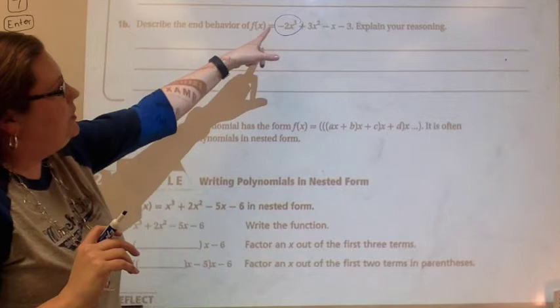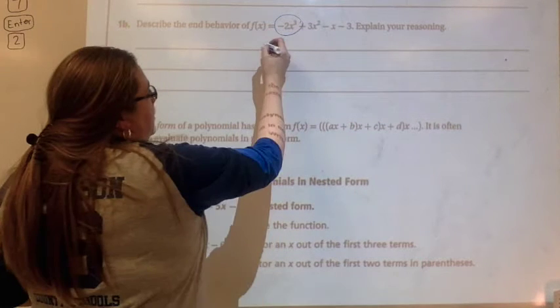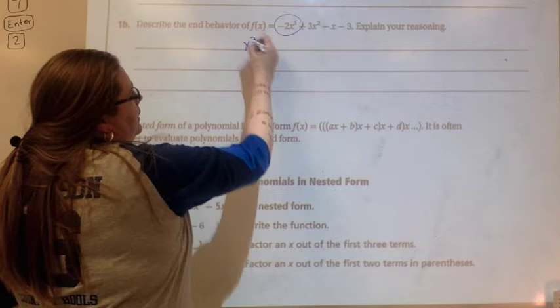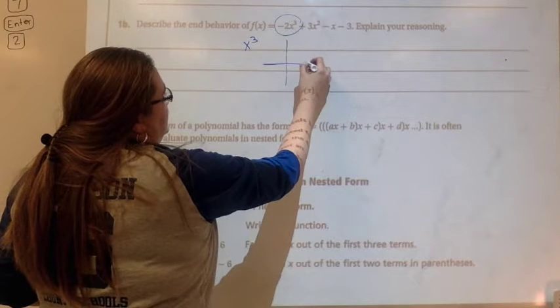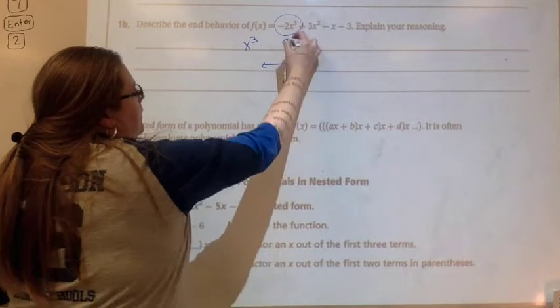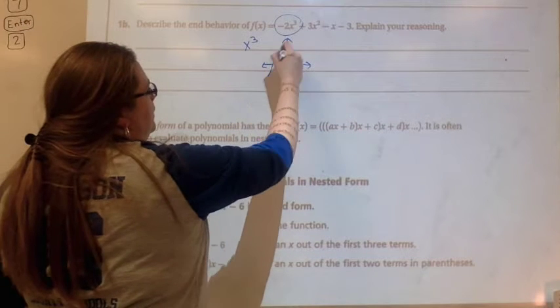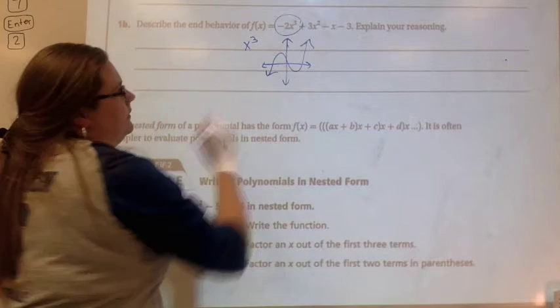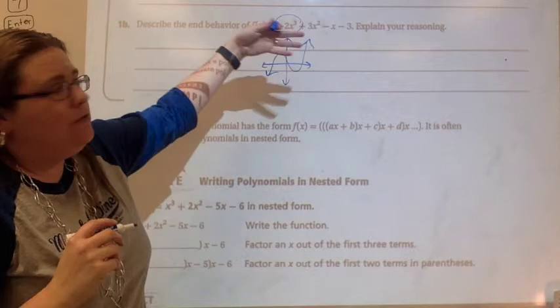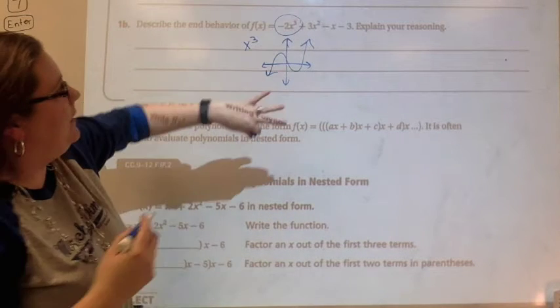Now it's x cubed, so the x cubed tells us that it is going to look like the graph just above you. If you look up there, it's going to look kind of like this. But this negative 2 tells us that it reflects.